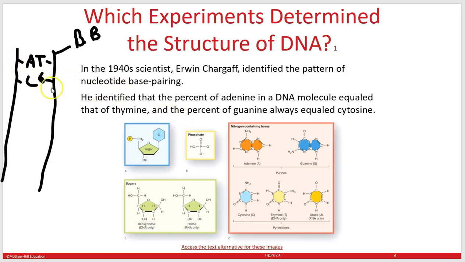He noted that for every A, you had a T, so these ratios were 1-to-1. And the percent of guanine is always equal to cytosine. So he correctly presumed that these two things were paired together in some way.